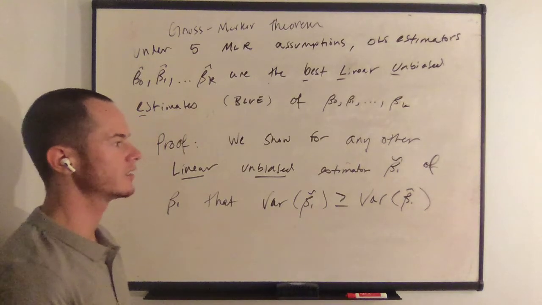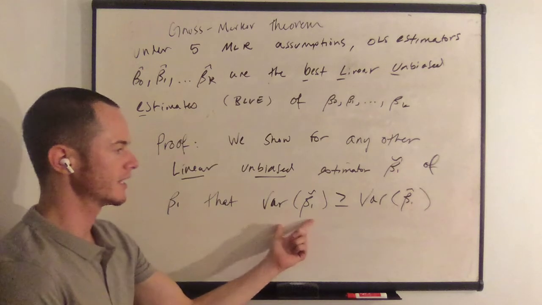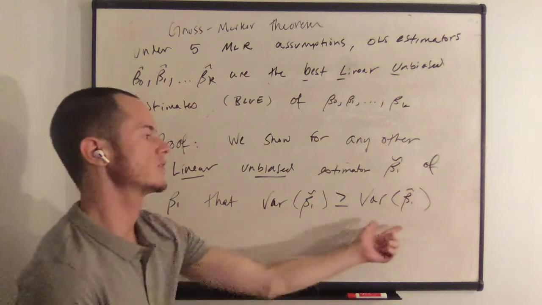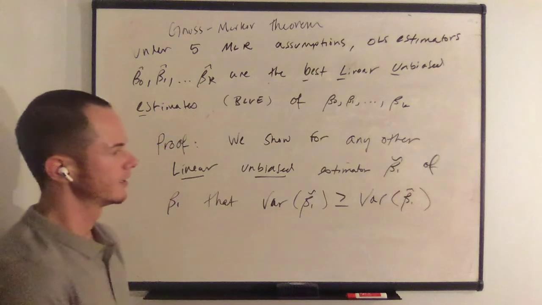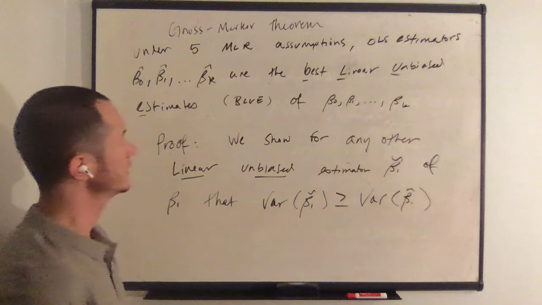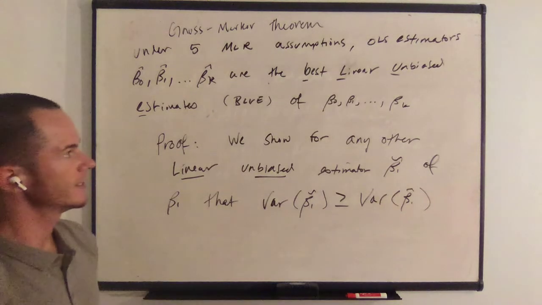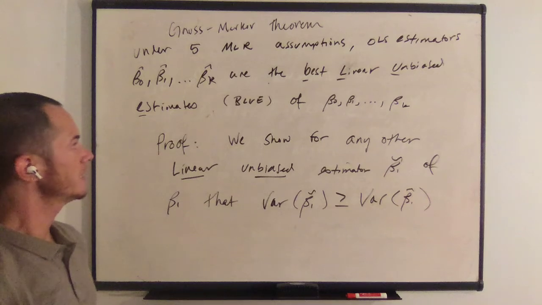And once we have a linear unbiased estimator, then we're going to show that the variance of that estimator is greater than or equal to the variance of the OLS estimator. All of this is to show that the OLS estimator is the best linear unbiased estimator.